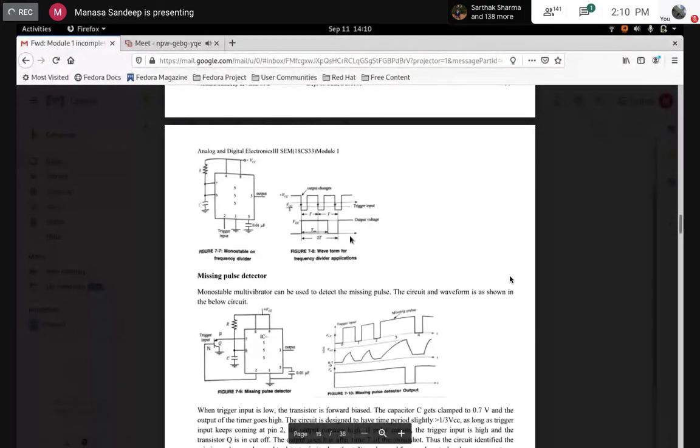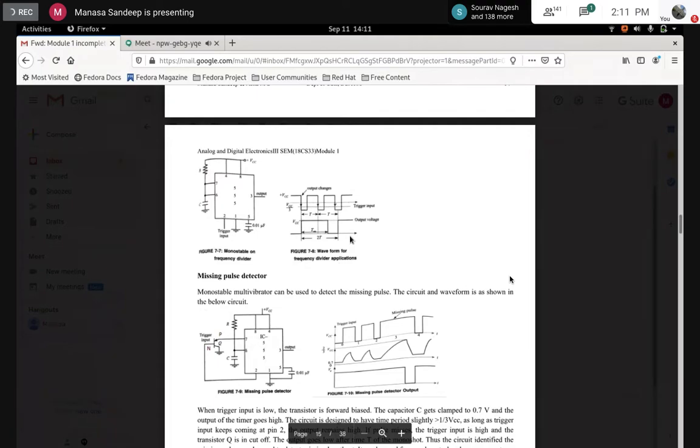Okay, so coming to the frequency divider, the first two circuits you are seeing on screen are the waveform as well as the circuit of the frequency divider.